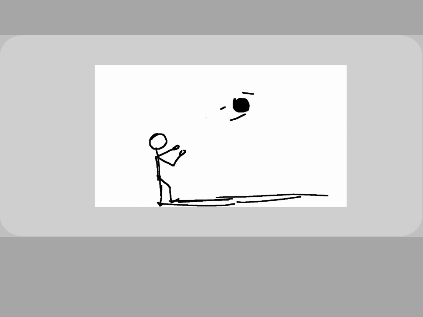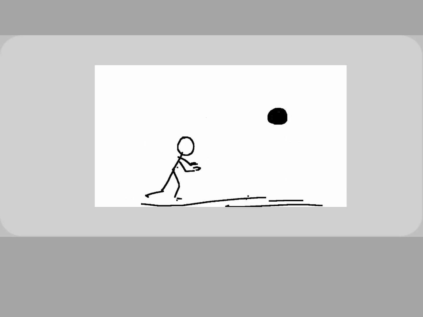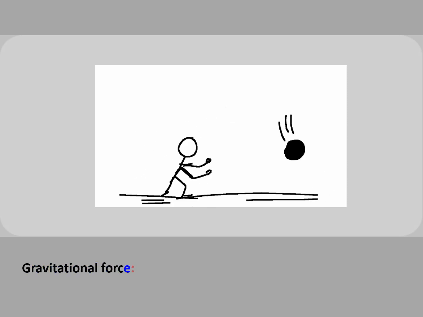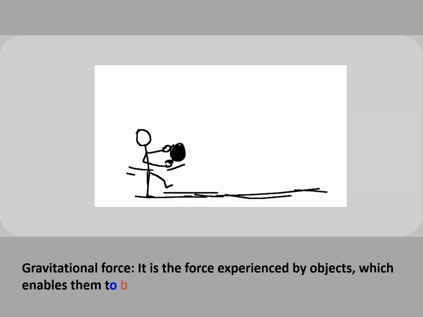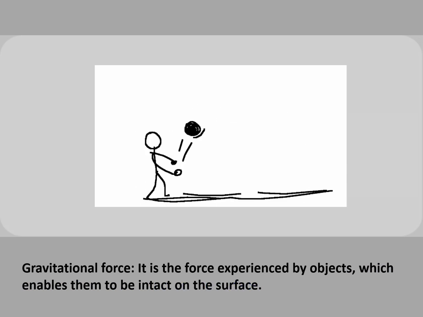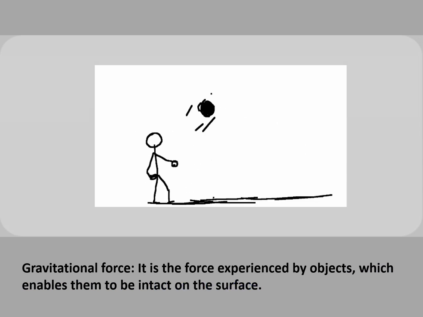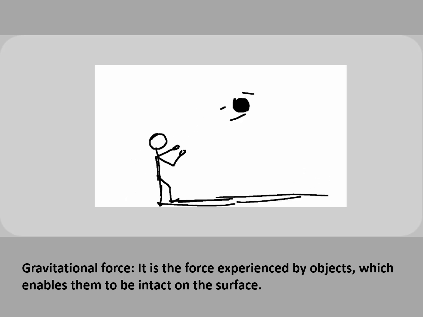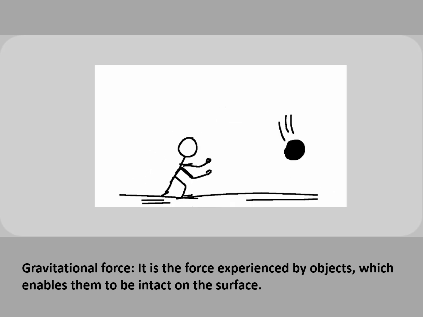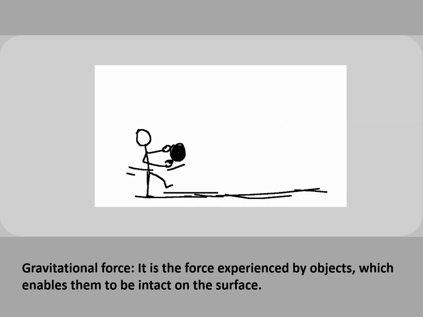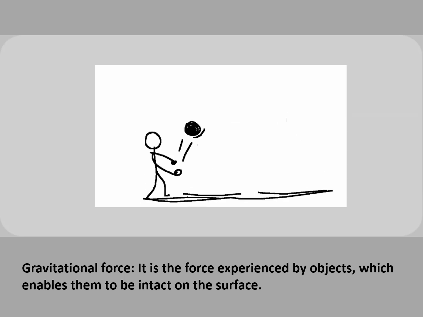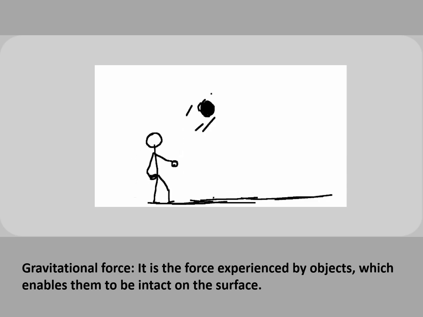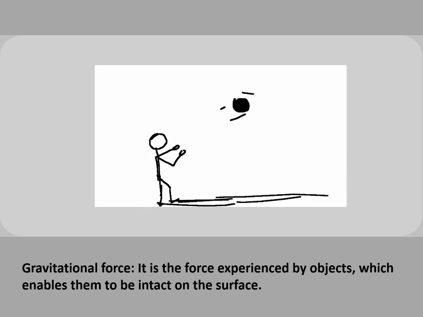So we say that the gravity of the earth is pulling it. This gravity helps us to stay on the earth. It also helps our planet to stay in its orbit in the solar system. Every object has gravitational force, and so does our earth. This is one type of non-contact force.